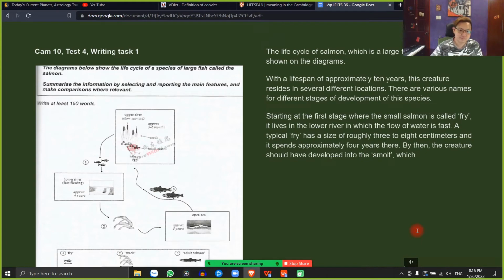Into a smolt, which is 12 to 15 centimeter in length, mà là 12 đến 15 centimeters về chiều dài.